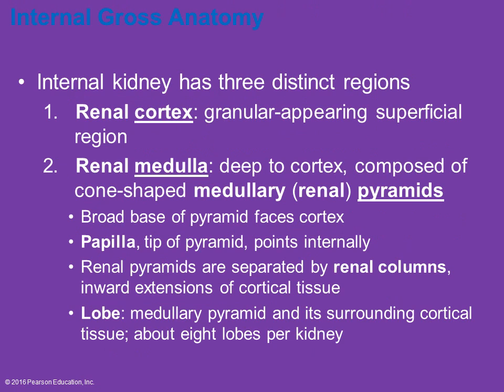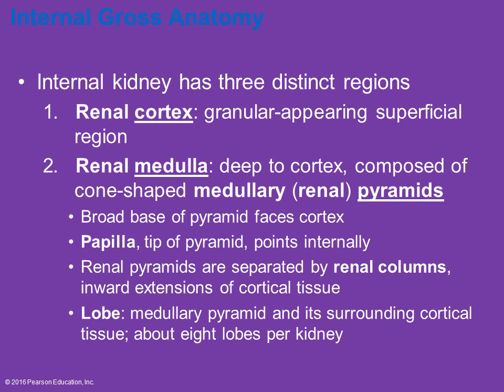If we look at the kidney, the internal portion of it can be divided into three different regions. You have the renal cortex, which is the most superficial. Remember, whenever you see cortex, it's superficial, and then medulla is going to be more interior. So you have the renal cortex, then you have the renal medulla.